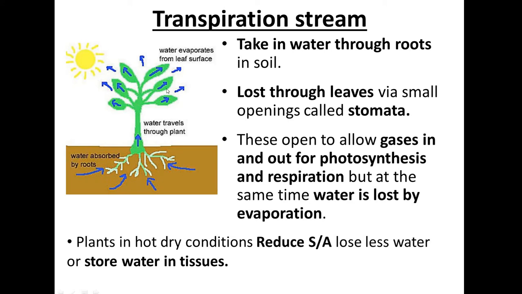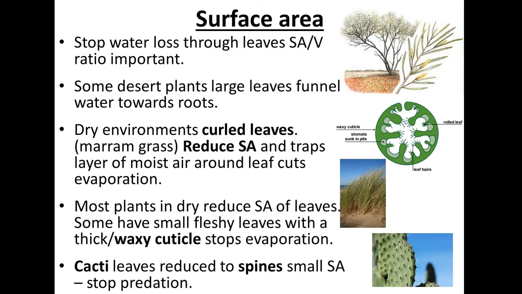So if you have a plant that lives in very hot, dry conditions, then the easiest way to reduce water loss is to reduce the surface area of the leaves, because that is where most of the water is lost. Some xerophytes will also store water in their tissues.